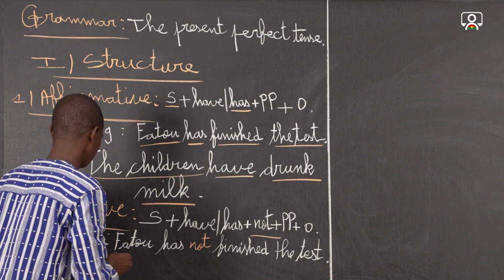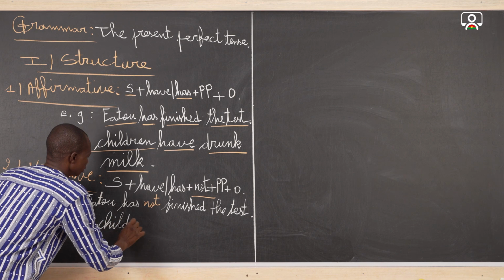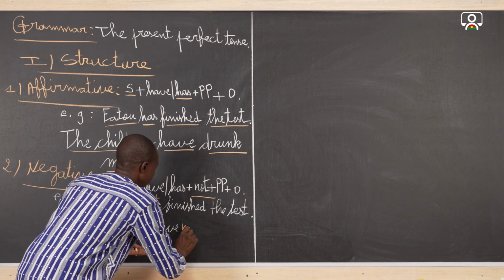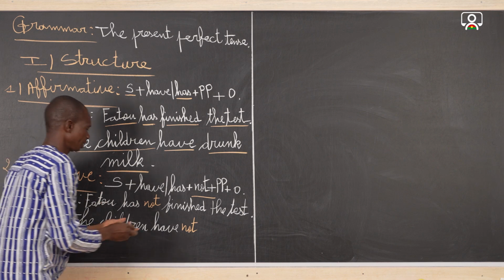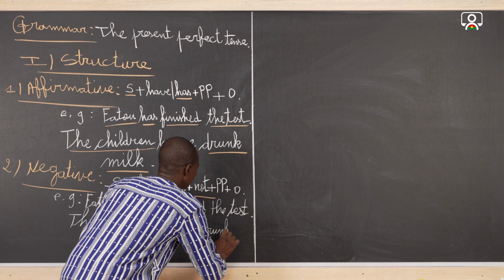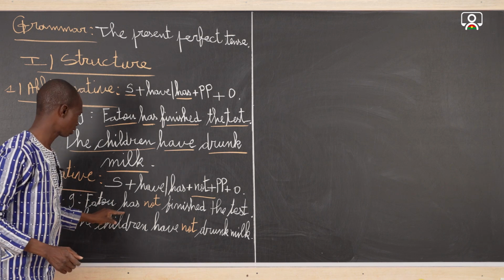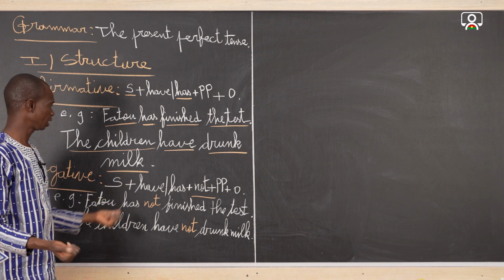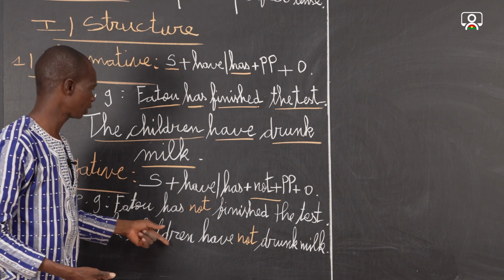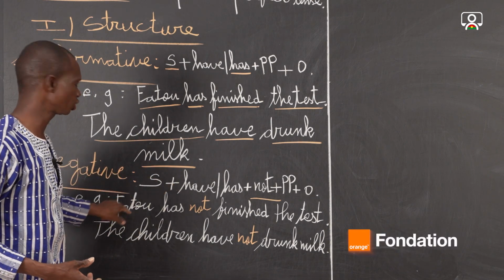And the second one, as I told you, the children have not, okay, because not is the mark of negation, drunk, milk. Yes, okay. This is the structure of the negation, and these two examples are sentences which respect the rule of formation in the negation.